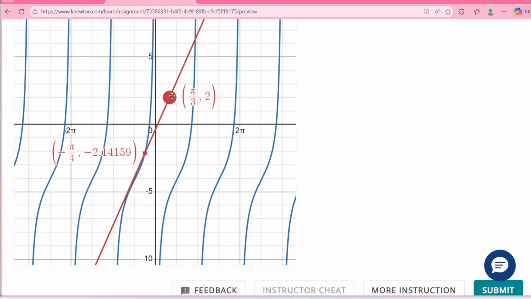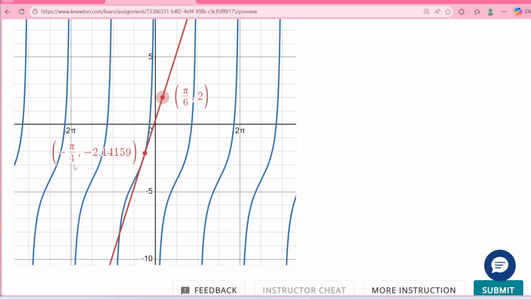Now I think if I just move it so it looks tangent, because I don't know if I can get this exact, because to have a slope of 4, let's see, that would mean that I move right 1, up 4. Let's see if we can do that.